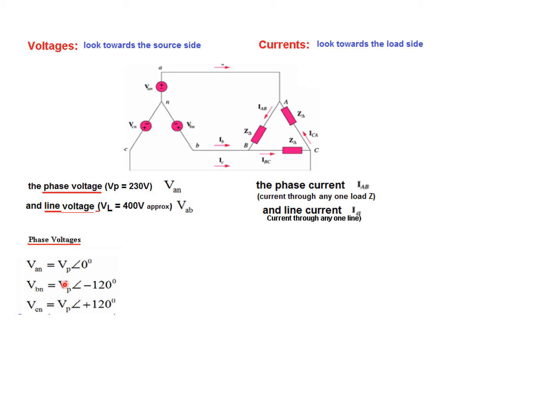Now the phase voltage for the positive sequence case can be written as VP at 0, the other is VP at minus 120, and the third is VP at plus 120 or minus 240, same thing. So these are the phase voltages. Now from here we can directly get the line voltage if we remember this formula.